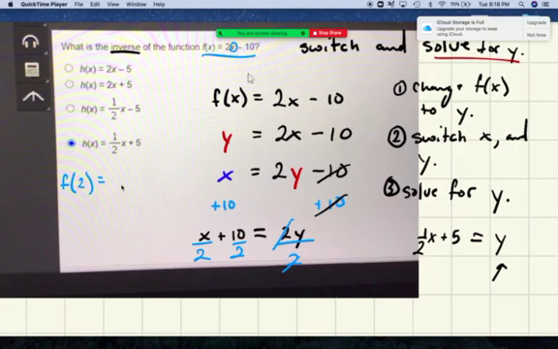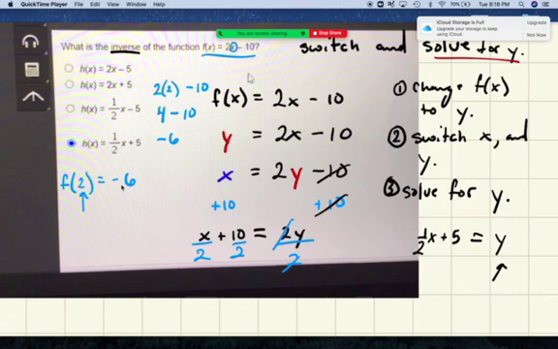So I would say 2, and then change the x to parentheses, and then minus 10. And then follow the order of operations. Parentheses first, there's nothing to do inside there. Exponents, there are no exponents. Multiplication, so 4 minus 10. And then 4 minus 10 is negative 6. So this equals negative 6.